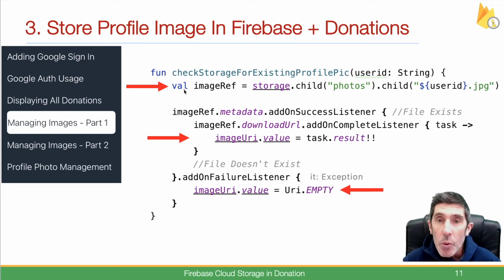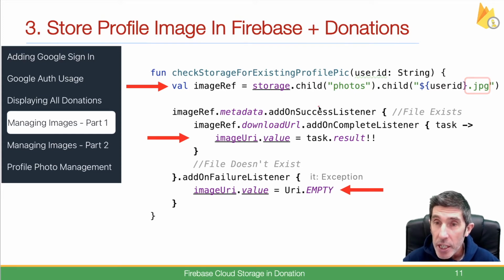Okay, so we're accessing our storage here, and like we saw with the database, we're getting in. I have a photos folder up in my Firebase console within storage. And then to uniquely identify, I'm going to use the user's ID to name the image so that it's easy then to associate the image with the user.